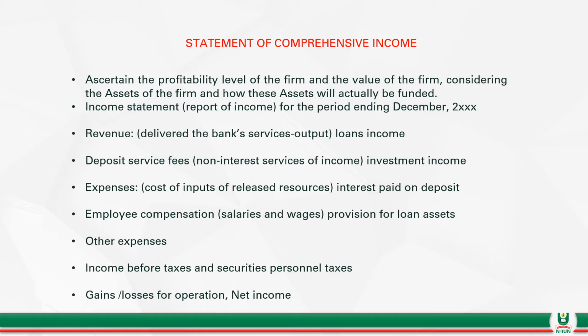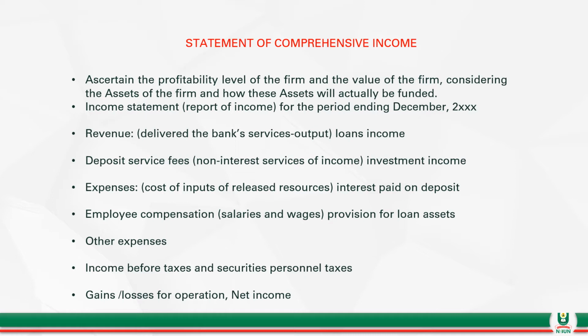Another aspect of the comprehensive income statement is the expenses. That's the cost of inputs realized on the resources. Here we talk about the interest paid on deposit. We also talk about the employee compensation.